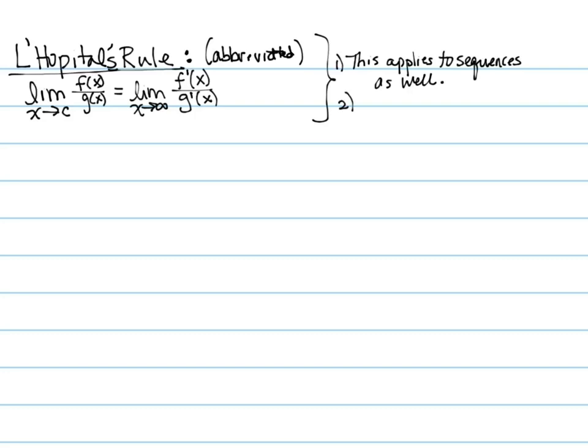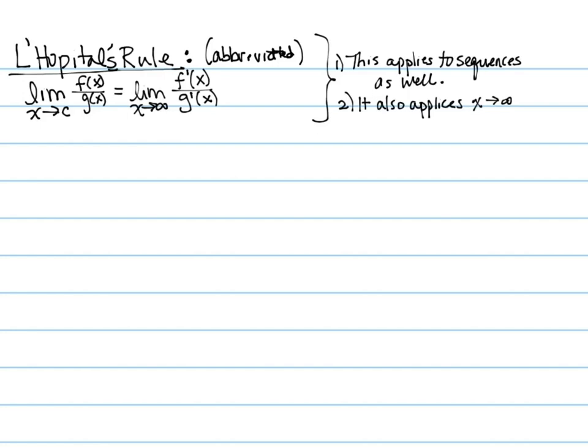The other thing is that it also applies specifically when the x in this function notation goes to infinity. It actually was talking about x approaching a specific value c over here on the left. It actually applies when it's going to infinity as well, which we need because our sequences are looking at limits as they go to infinity.